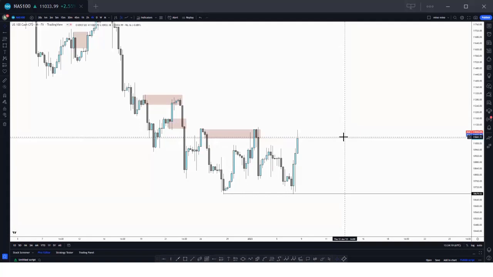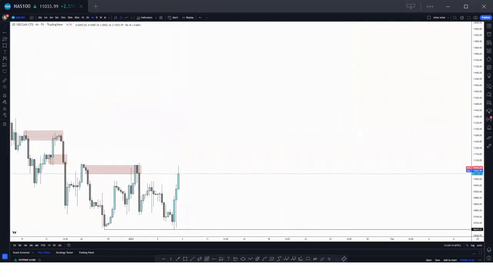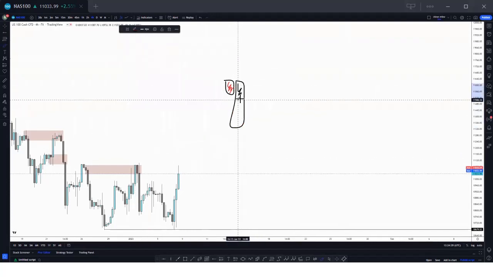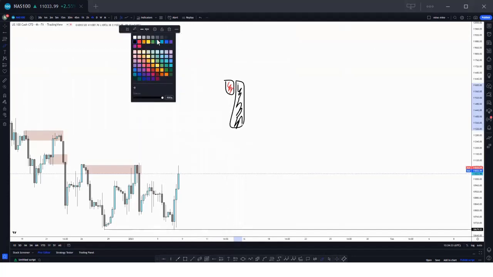Now when we talk about order blocks, a lot of people get the impression that we're talking about that last bearish candle before the big bullish drive. I know some of you might be saying, yeah, that's clearly what an order block means, but there's a lot to this.